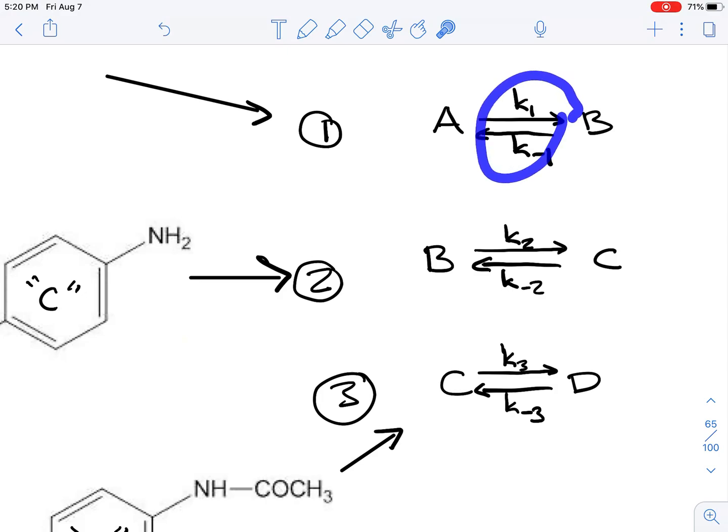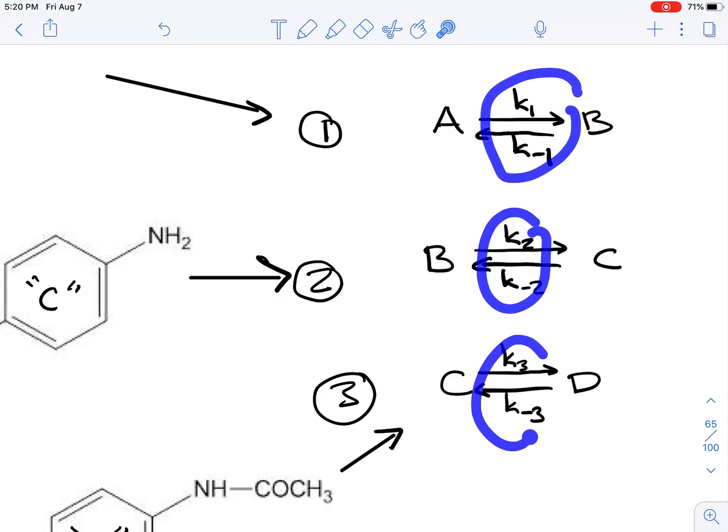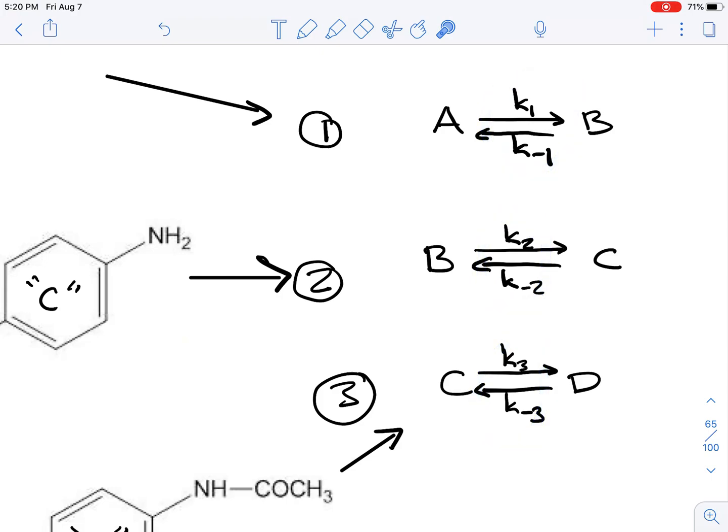Because all of these rate constants are different, their equilibrium constants are also different. For step number 1, the equilibrium constant can be represented as Kc1. This is the equilibrium constant for the first step.